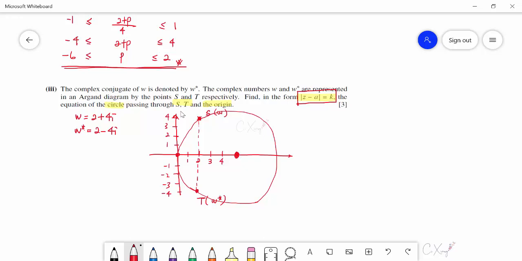So when these 2 points are on the circumference, the center of the circle can form a perpendicular bisector for the chord. That means the center should be somewhere here. So that when I'm having the center, it can actually form the 90-degree perpendicular bisector for these 2 points, S and T.